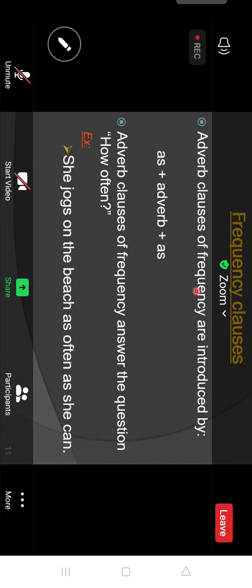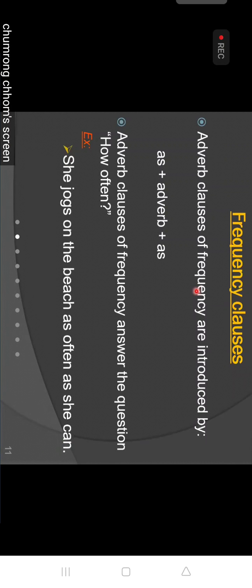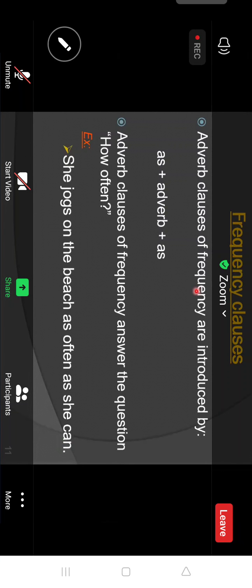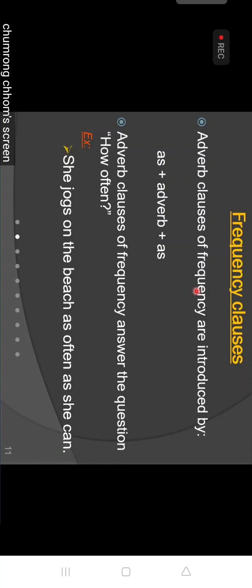Okay, so we know as fast as, as slowly as, adverb of what? As slowly as, as fast as. We call it adverb of what? Everybody? Manner, right? Manner. But all can be combined into one adverb of degree or adverb of comparison.